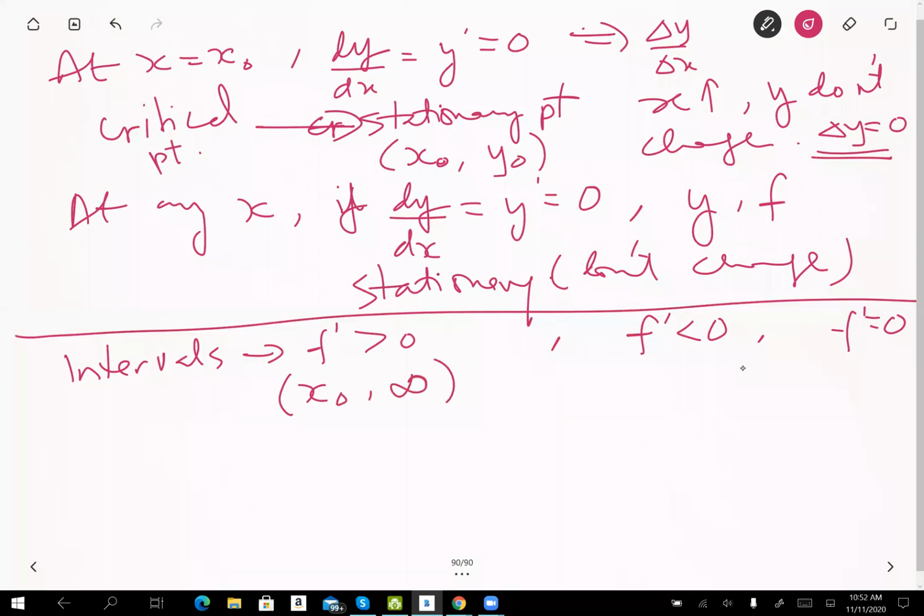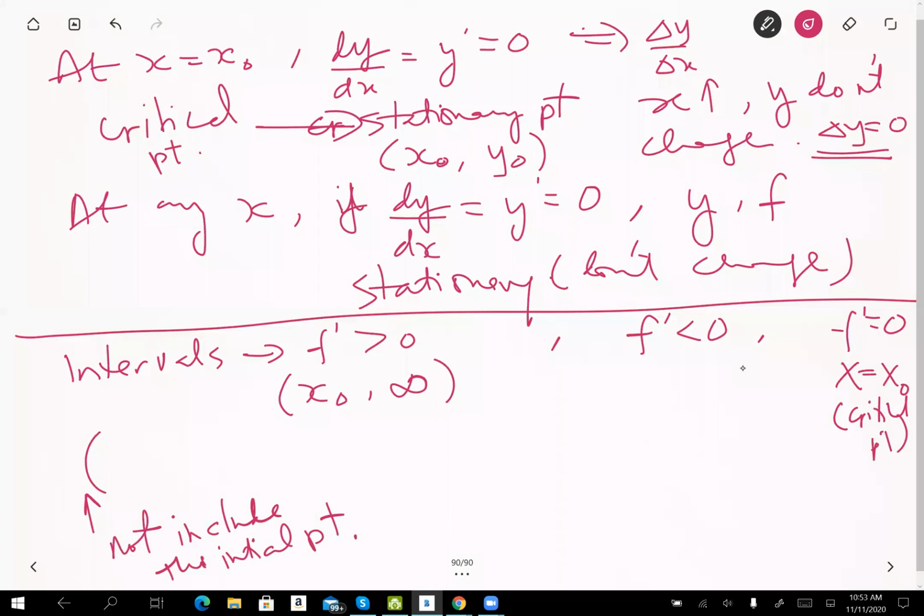Now, when I put the bracket like this, that does not include the initial point. So it does not include x0, because at x0, the derivative is 0. So you call it the critical point.